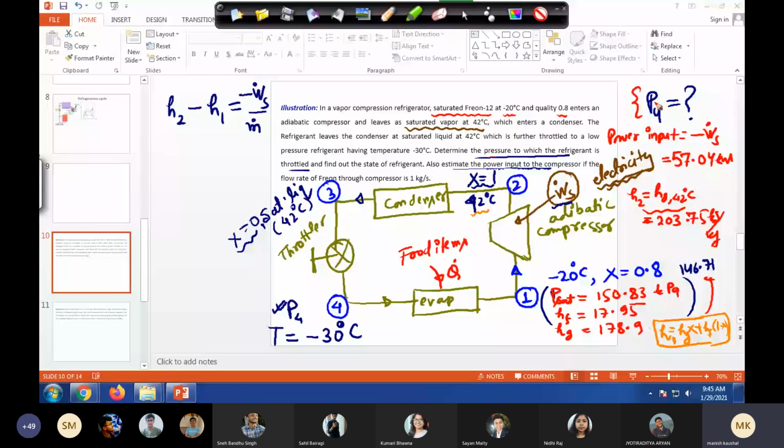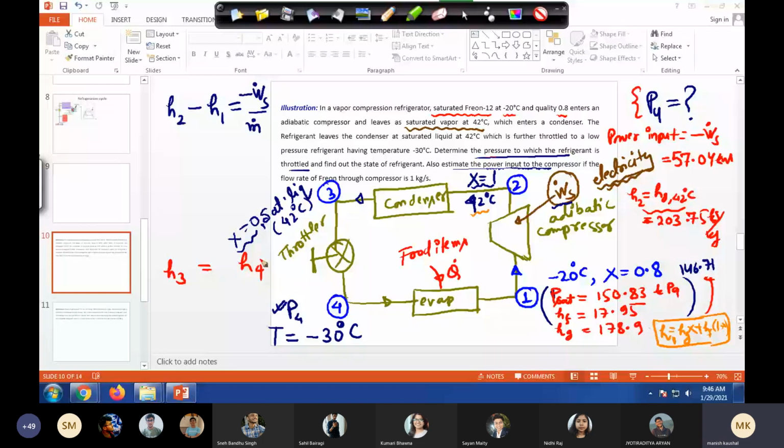Isenthalpic. Yes, very good. So for this unit, H3 is equal to H4. It's an isenthalpic process, so just before and after throttling, enthalpies are equal.